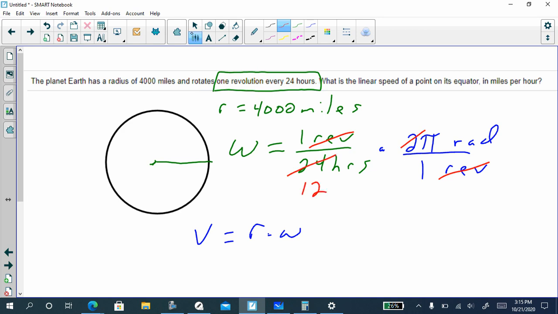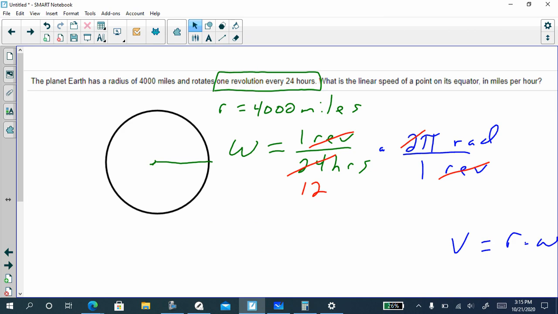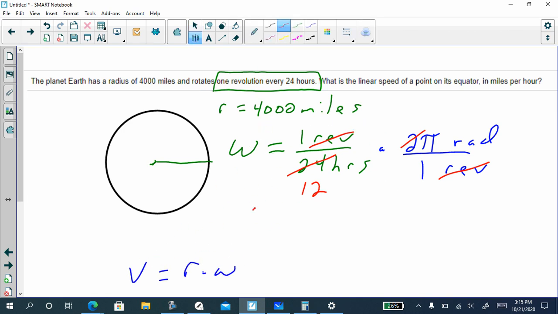So our angular velocity, our omega is pi over 12, and that's radians per hour. Sometimes that would be listed as 1 over hours.